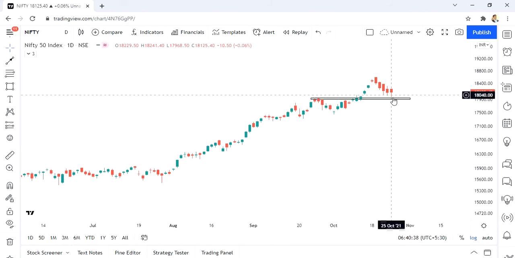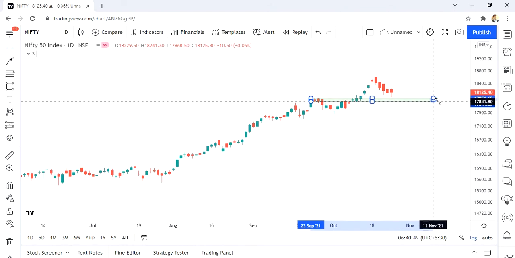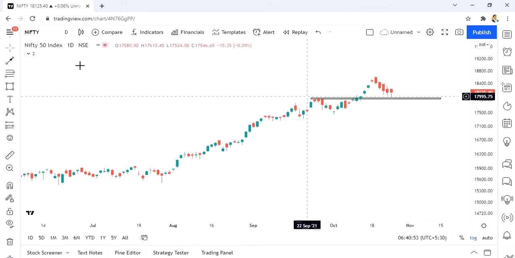Now what Nifty has done yesterday is it has come to this level and tried to take a support here. You see there's a long lower wick here. So this could act as a support level for Nifty going forward, if it holds. As I said, there's no 100% guarantee.